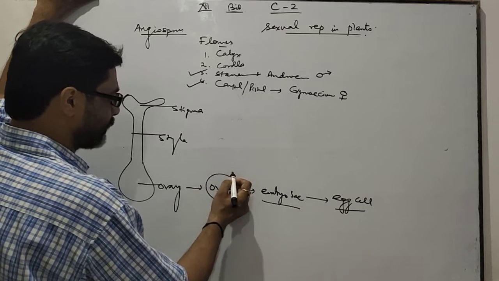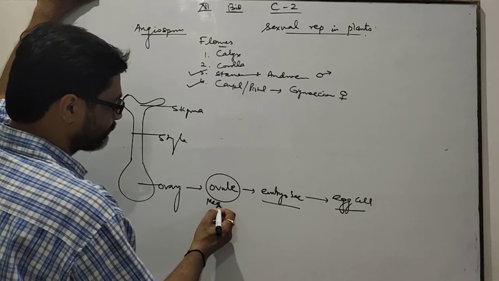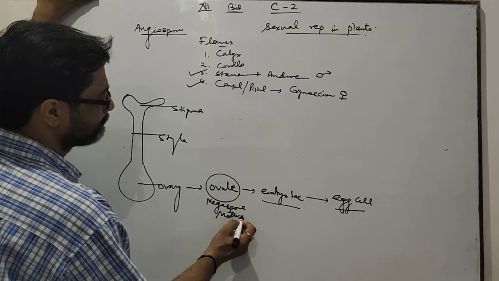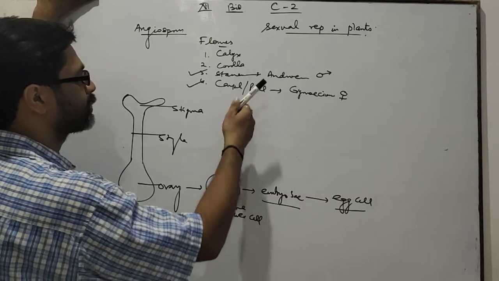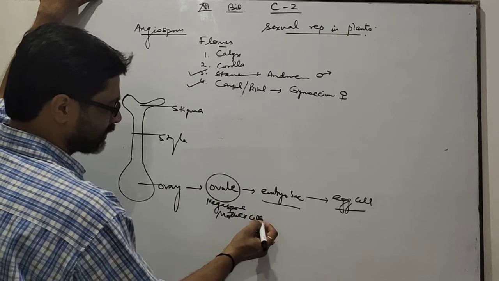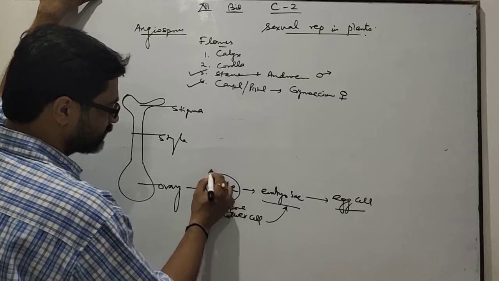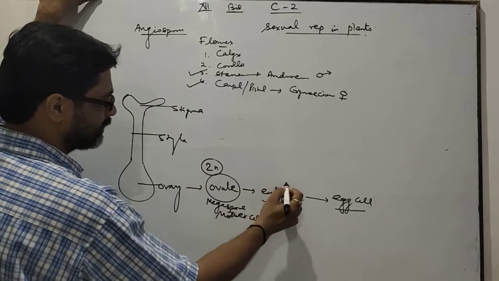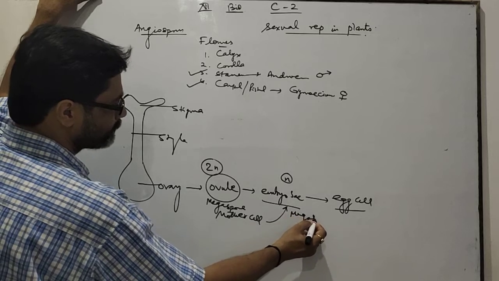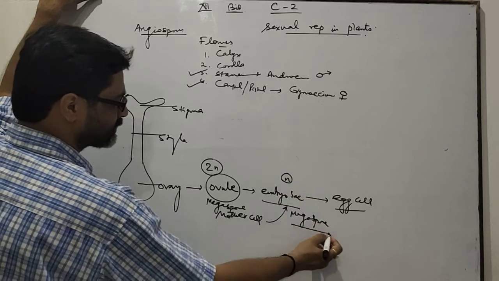Ovule contains megaspore mother cell. That one is microspore and this one is megaspore. Megaspore mother cell undergoes meiosis, means this one is diploid and this one is haploid, to form megaspores.